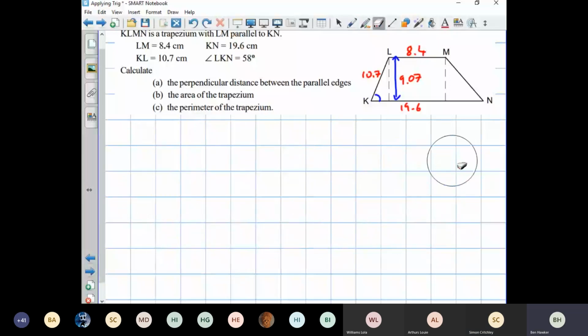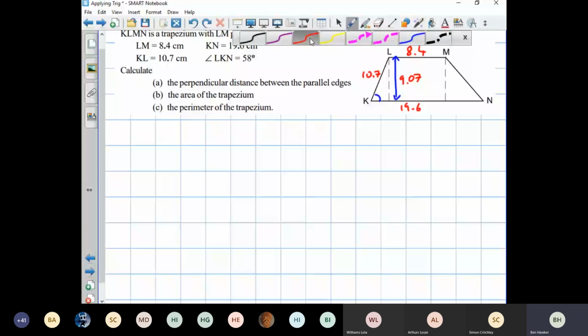And our final question is the perimeter of the trapezium. As I'm sure you know, the perimeter of the shape is the distance around it. MN is the only side that we need to find. However, we haven't got enough information in this triangle to go straight to finding MN.